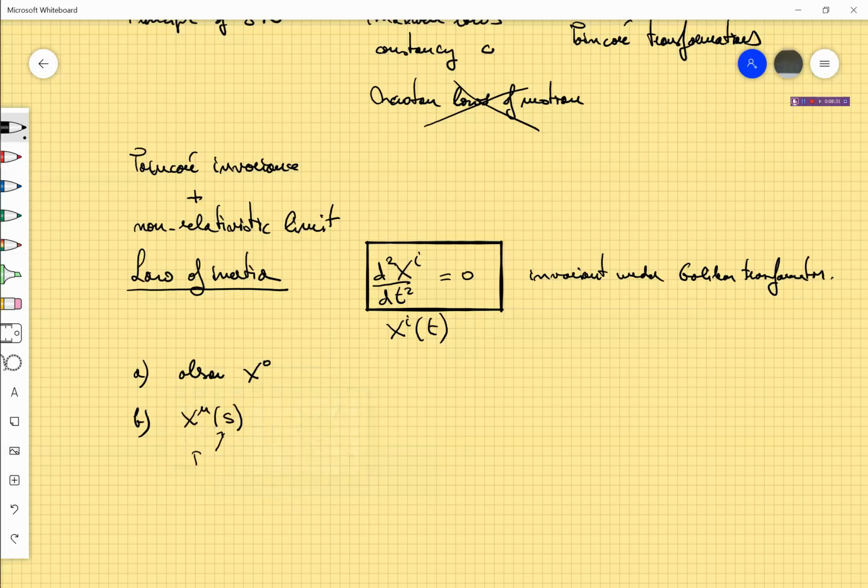This is the proper time. Then if you have the world line expressed in this way, it is natural to take the derivative of x^μ with respect to s. This is a vector tangent to the world line.